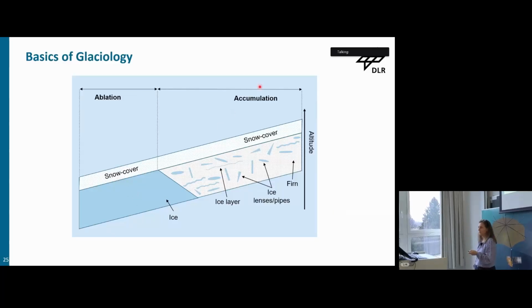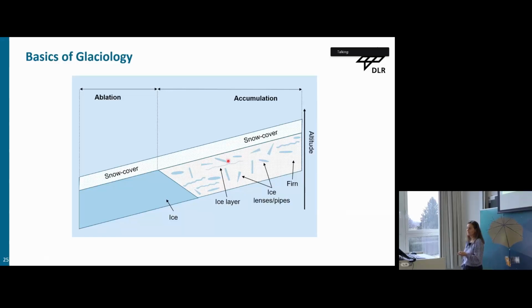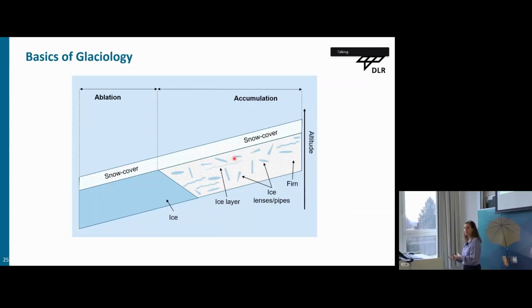Whereas in the accumulation zone, you have snow falling, and then you have a transition zone, which you call the firn area. The firn area means it's not completely melted, but the snow is transforming to a denser medium, which is firn, and this denser medium stays and becomes ice after a while, right?